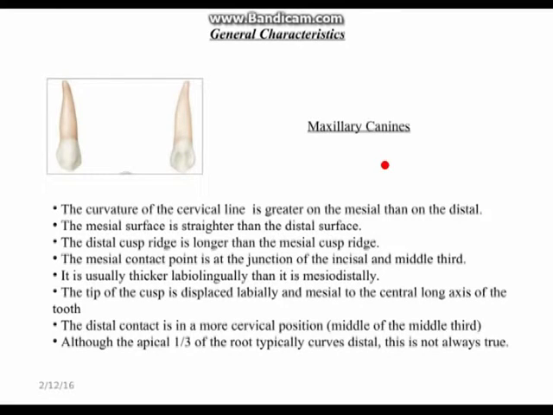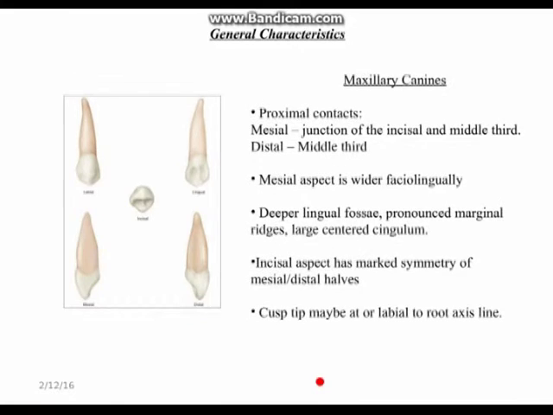Now, maxillary canines. The curvature of the cervical line is greater on the mesial than on the distal. Okay. So the curvature of the cervical line, I did not put a picture up here, sorry. Let me go back. I will talk about it on the proximal view of the tooth. Okay.